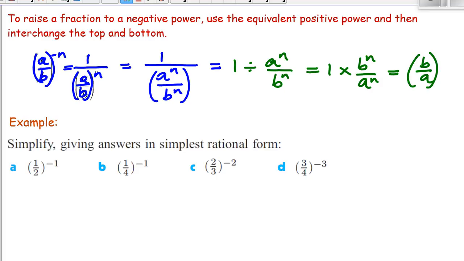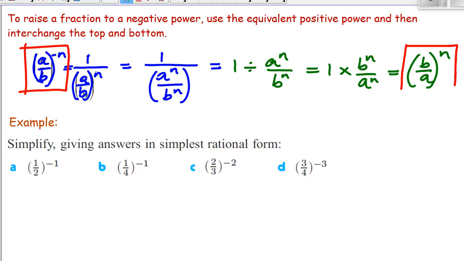Now, I know some of you may be lost in this process, but don't panic, because no one will ask you to rewrite everything that I've written here trying to explain. What you're required to know is just that if you have this a over b to power negative n, that will be equal to that.